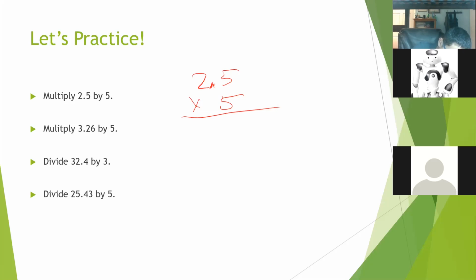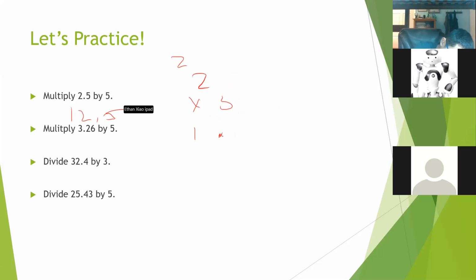We have 25, so we just put the 5 here and carry over the 2. 2 times 5 is 10, so we just add 2 to that, which is 12. The answer is 125. And we put the decimal point in the same place it's supposed to be, which is after the 5, right here. Answer for the first one is 12.5.